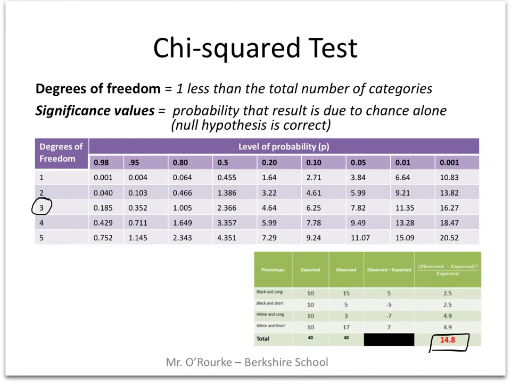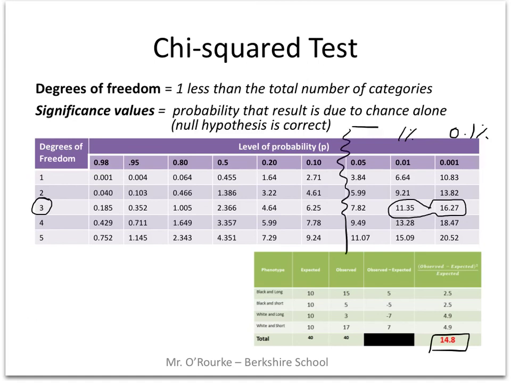I'm going to have 3 degrees of freedom, and 14.8 fits somewhere in here, somewhere between 0.01 and 0.001, which is to say that our result, that there is no difference between the observed and the expected, well, that probably could happen due to chance between 1% of the time and 0.1% of the time.